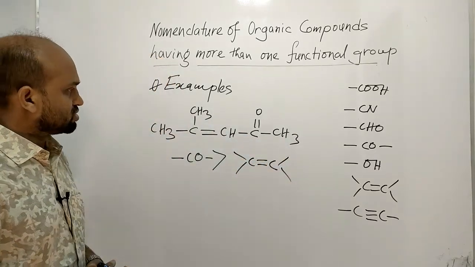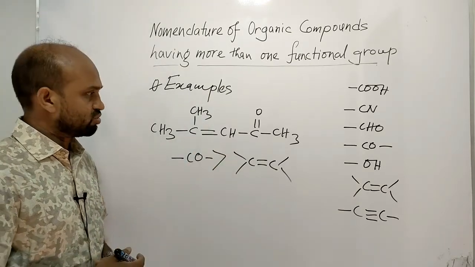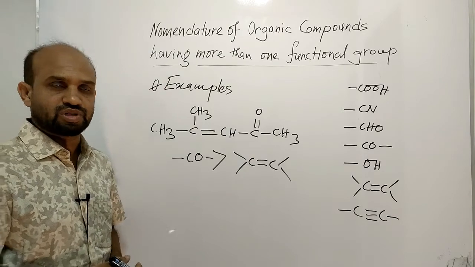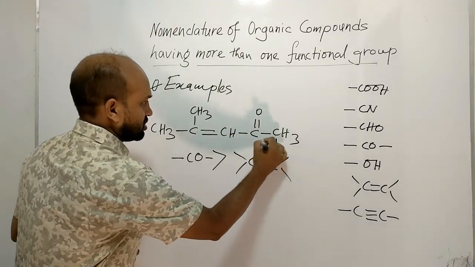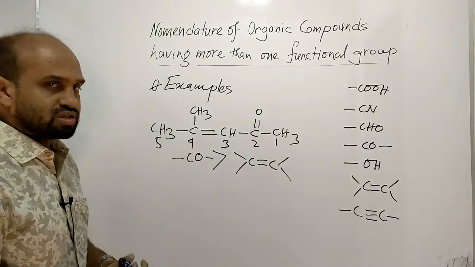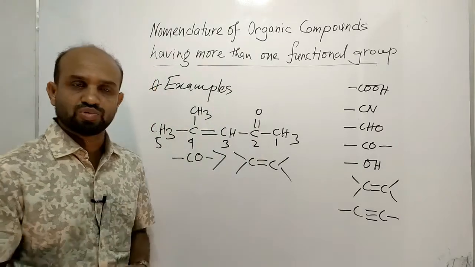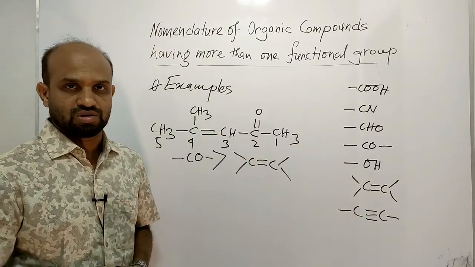Now the name of this compound will be, first of all, carbon atoms are numbered in the carbon chain and it is numbered from the right. 1 2 3 4 5. It is numbered from the right to get ketonic group with lower number.